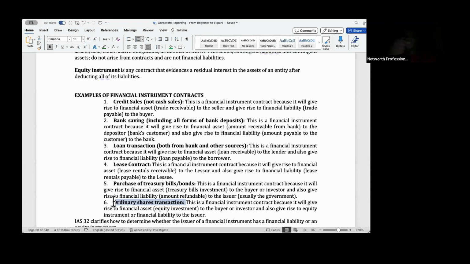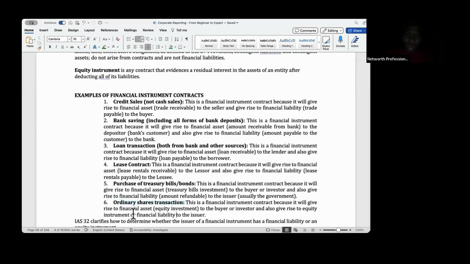So if you purchase shares of another company, you have an equity instrument of that company, which is a financial asset. So an ordinary share transaction is also a financial instrument contract because the two sides are complete. It gives rise to a financial asset to the investor or to the buyer, the guy that invested in your company. And it gives rise to an equity instrument to the issuer.